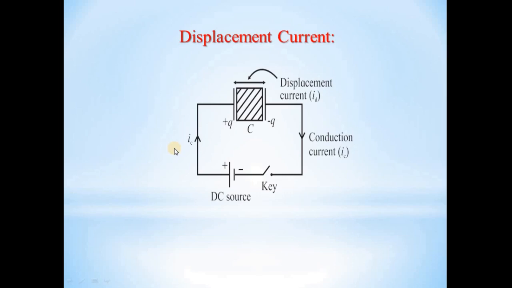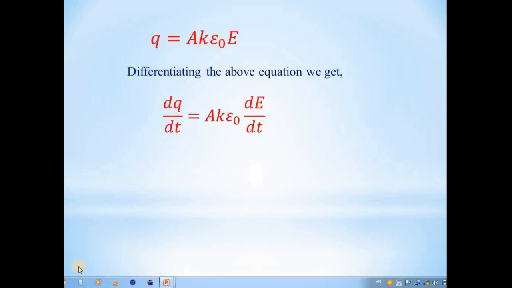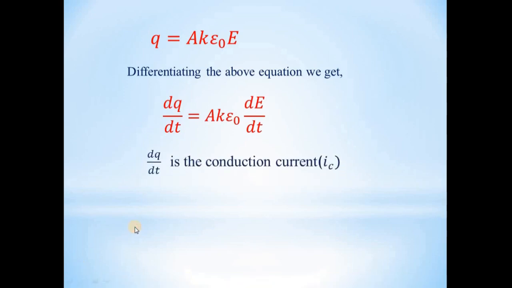The current due to bound charges is called displacement current or charge separation current, noted as ID. Here dq upon dt is the conduction current IC in the conducting part of the circuit.